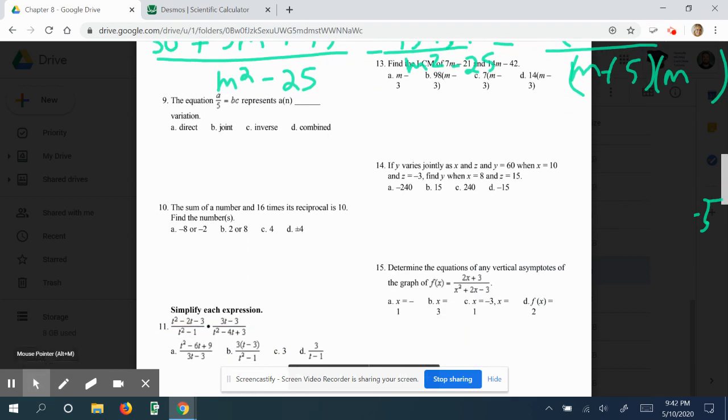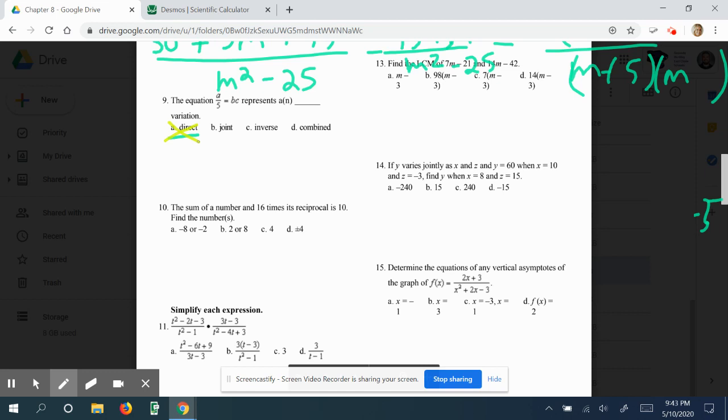Now, number 9. That says a over 5 is equal to bc. Represents what type of variation? So if you think back to different types of variation we had, if you have all of them in front of you, you know that direct variation, one we've looked at already, is y equals some k times x. So this is not direct variation.